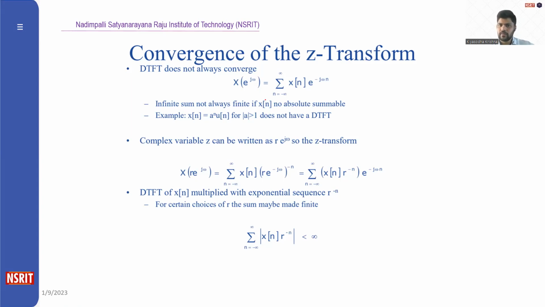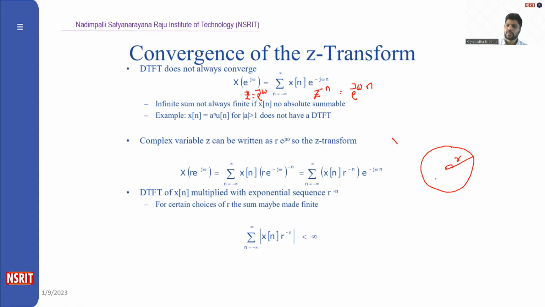If I take this formula, you can replace Z equal to e to the power of j omega. Just replace. Here initially we have Z to the power of minus n. Instead of Z, you can replace Z equal to e to the power of minus j omega n. From the complex variable point of view, we have some point with some radius r and some angle.